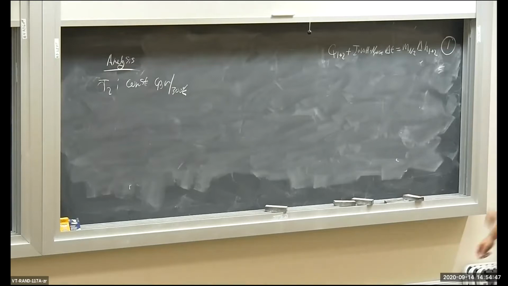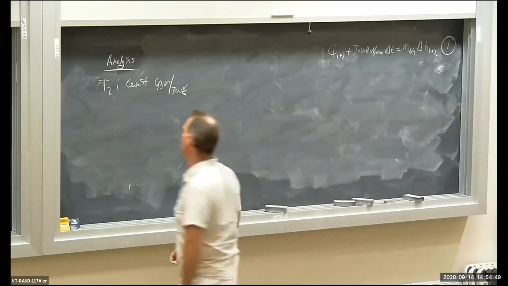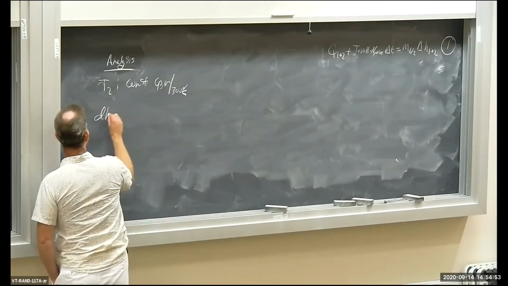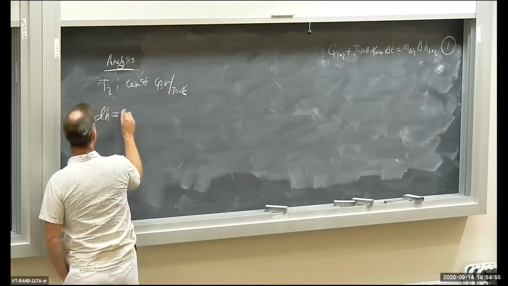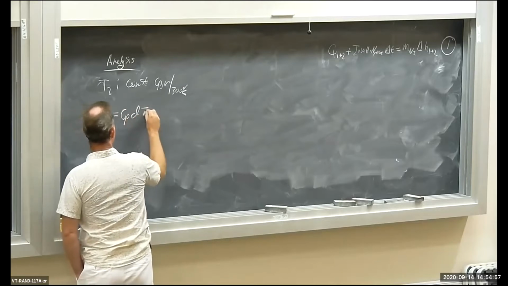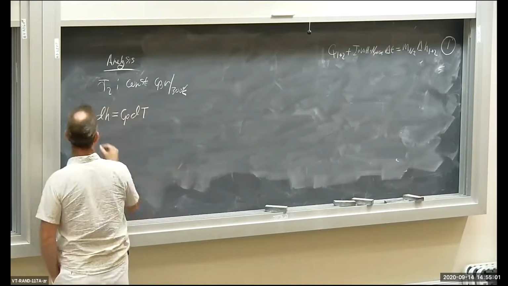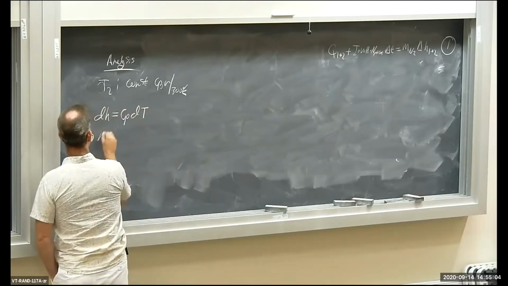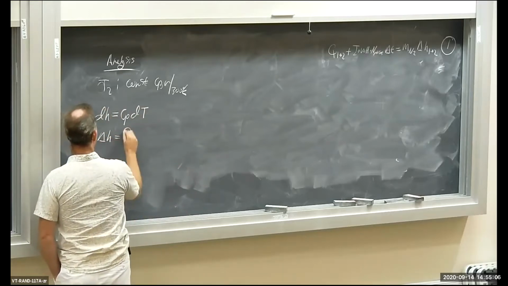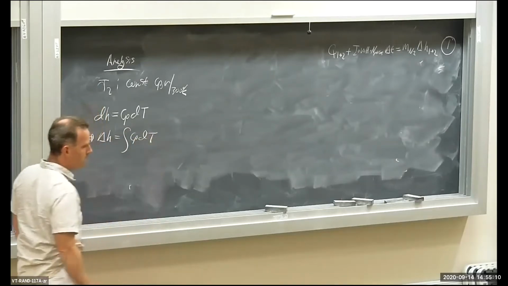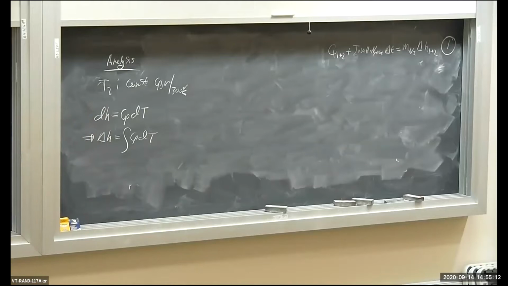Let's recall the property relationship for enthalpy. dH is equal to Cp dT. Or integrating both sides, delta H is equal to the integral of Cp dT. And this is true for a gas.